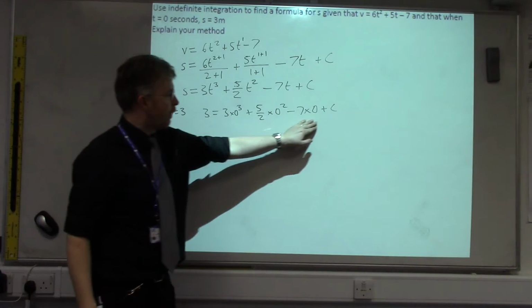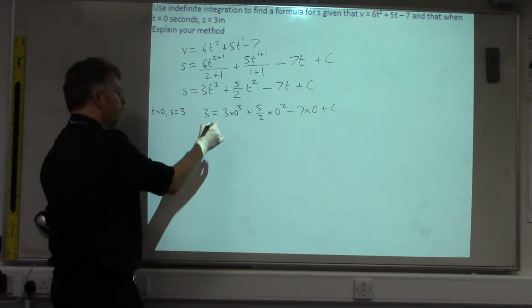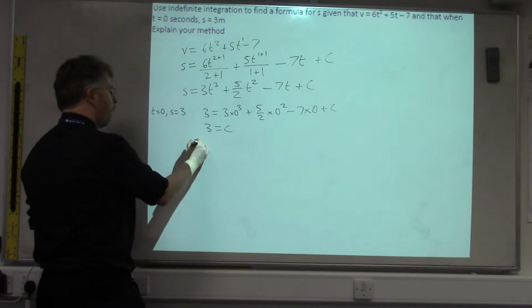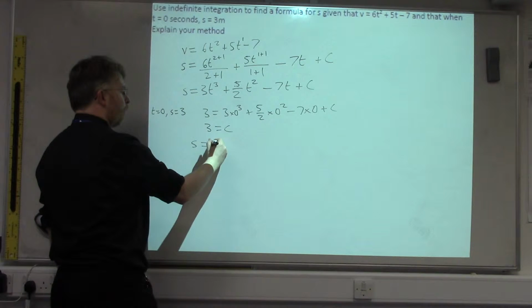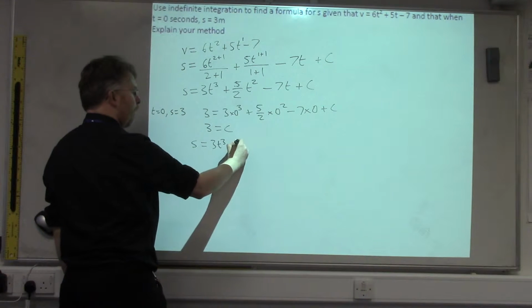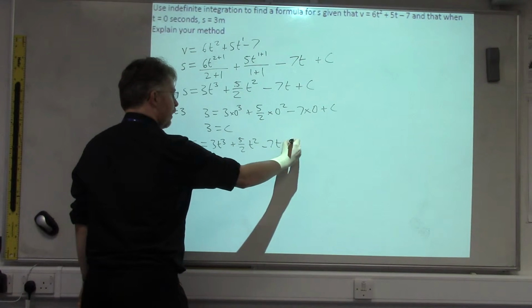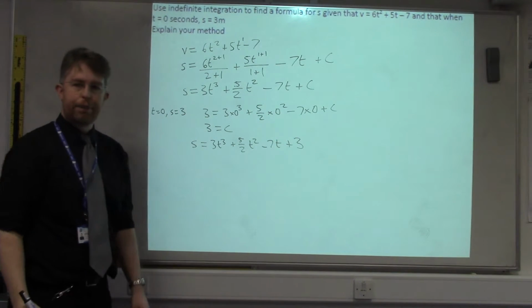Fortunately, stick all this into a calculator. That's equal to 0, so we end up with 3 is equal to c. So our formula, S is equal to 3t cubed plus 5 over 2 t squared minus 7t plus 3.